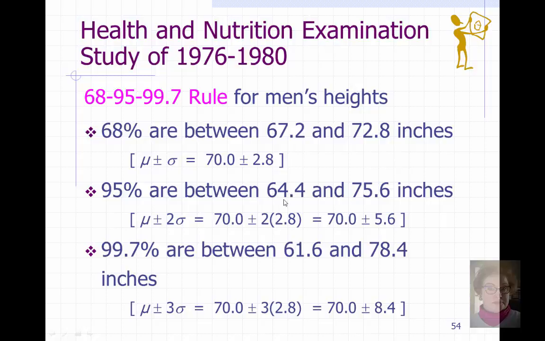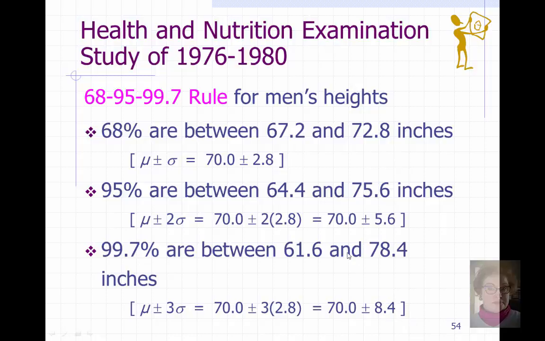So we know that 95% of men 18 to 24 are between 5'4.5" and 6'3.5" approximately. And we know that 99.7% are within 3 standard deviation units. So 3 times 2.8 is 8.4.